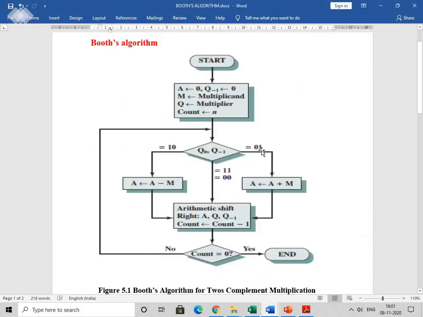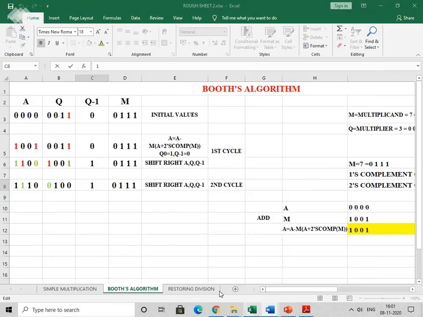Now it is 0 1. So you are going to add the content of A with M and store the result in A. So let's do it. So A equal to A plus M. Why? Because Q0 is equal to 0 and Q minus 1 is equal to 1.